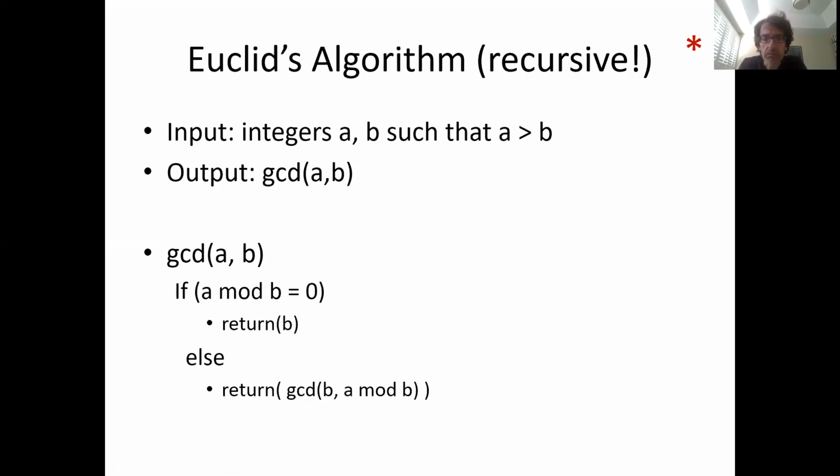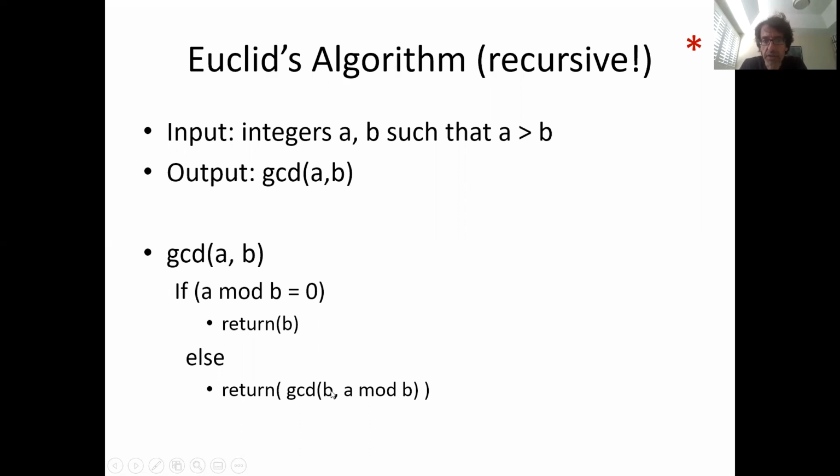Okay, so here is the recursive algorithm. The GCD of A and B: if A mod B is zero, you return B. That was the base case. Otherwise, you return the output of a recursive call to the same algorithm on modified inputs.